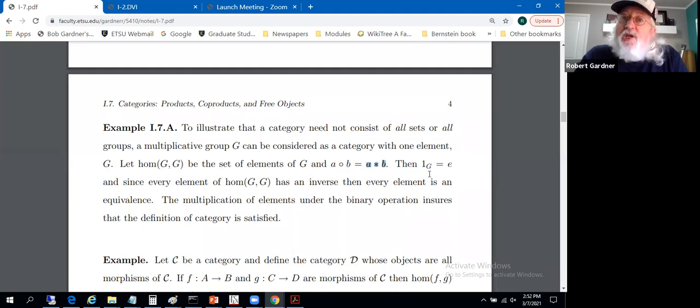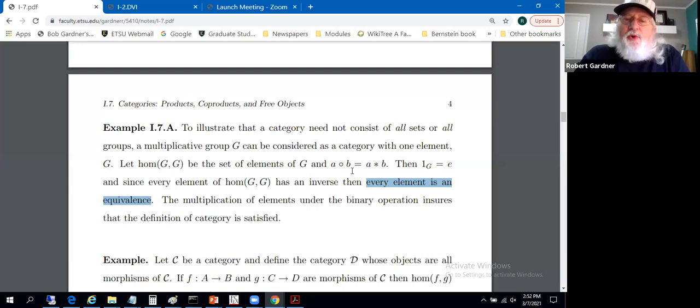The 1 sub G would simply be the identity. Of course, if we take the identity in the group, that's going to compose in an appropriate way with all the elements of that group. Every element in a group has an inverse. So every element is an equivalence. The elements are the morphisms themselves.